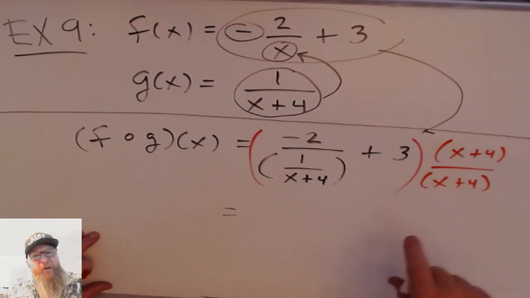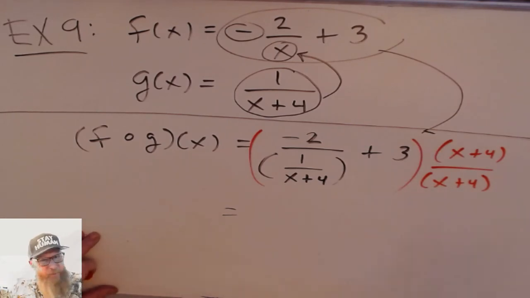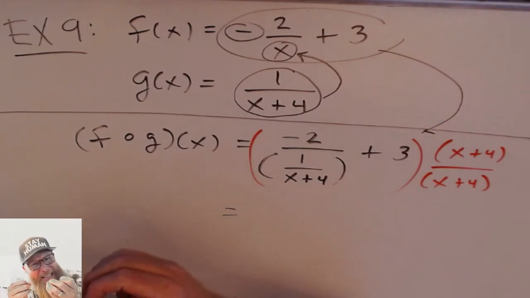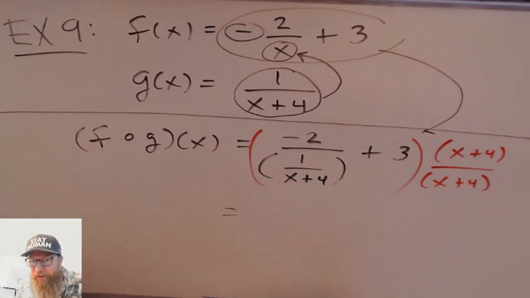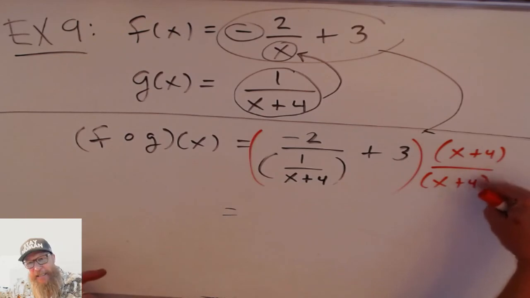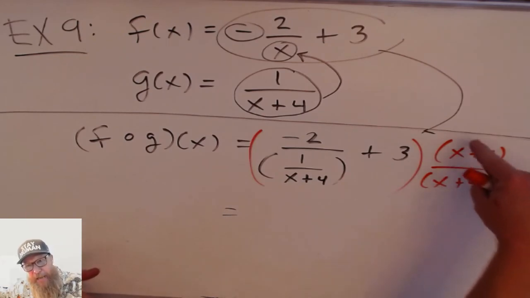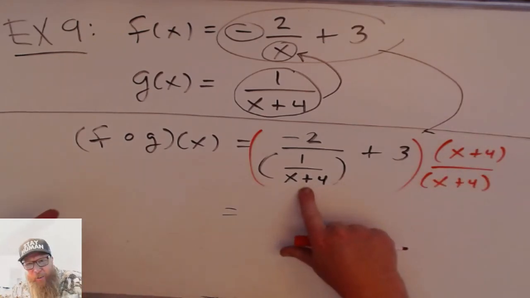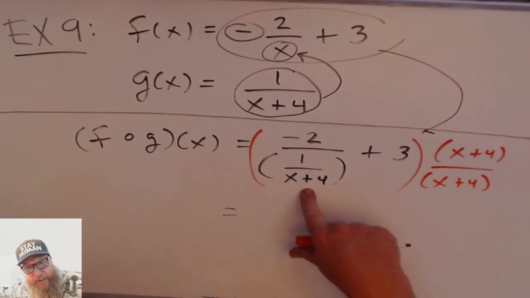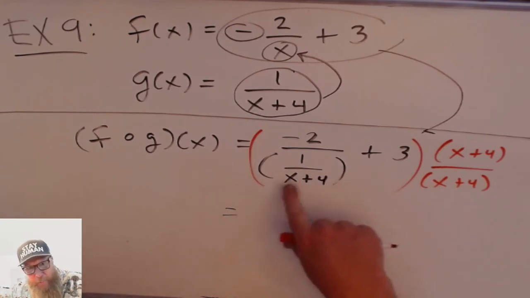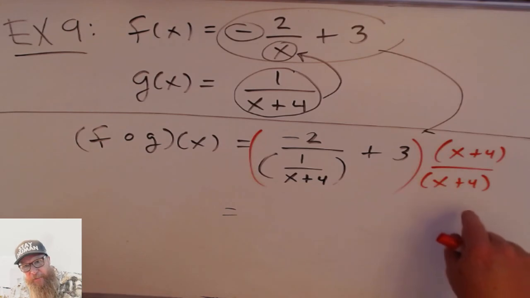Rational means ratio. Later in the semester, we'll have a whole lesson on rational functions. For today, I'm just teaching you the technique, not really getting into the philosophy too much. But the idea is you're multiplying by 1: x plus 4 over x plus 4. It's always going to be whatever the denominator is. Just look for the denominator in your problem and then put it on top of itself.